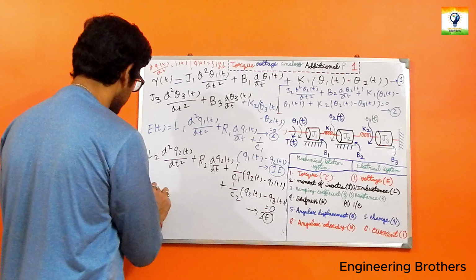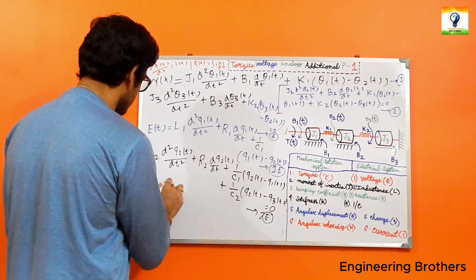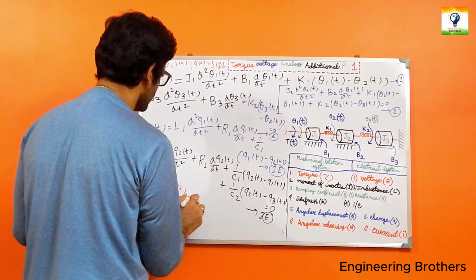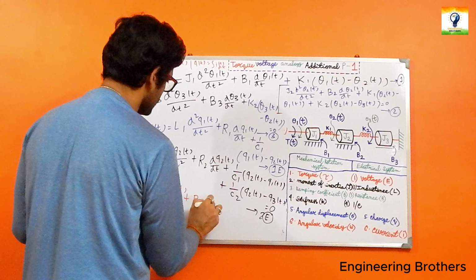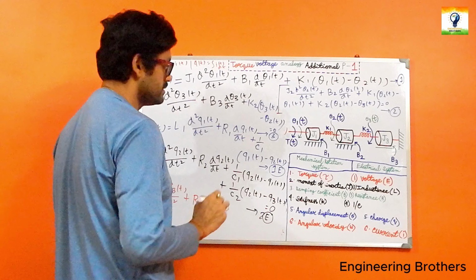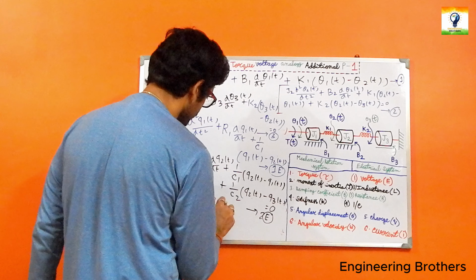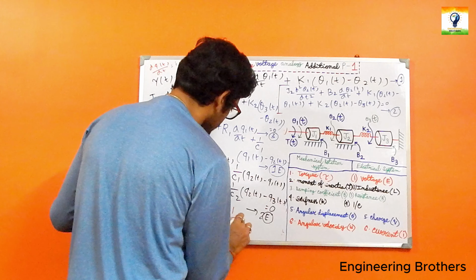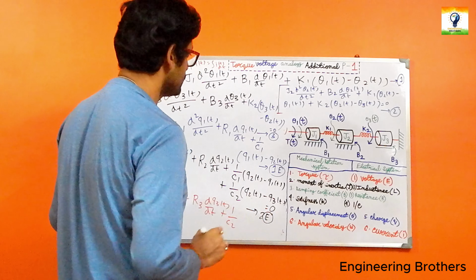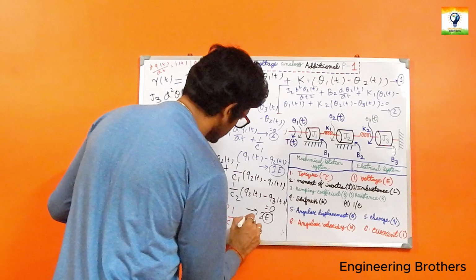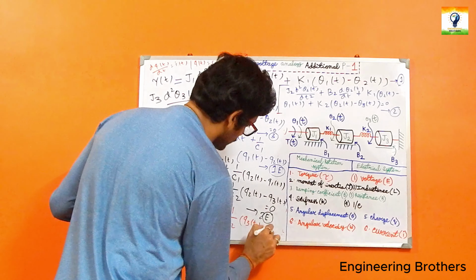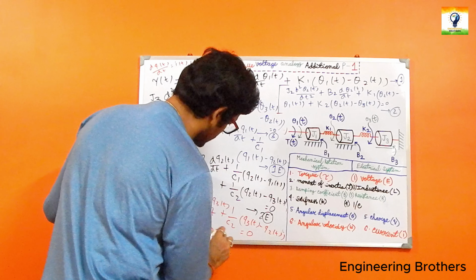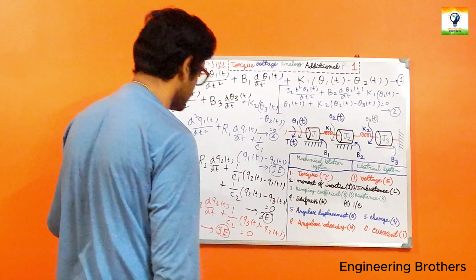So this one is our L3, and quite naturally d2 theta 3(t) means d2 q3(t) divided by dt2, plus B3, which means our R3, d/dt of q3(t), plus K2, which means our 1 by C2, and in place of theta 3(t) minus theta 2(t) we have q3(t) minus q2(t), which is equal to 0. So this is our third electrical equation.